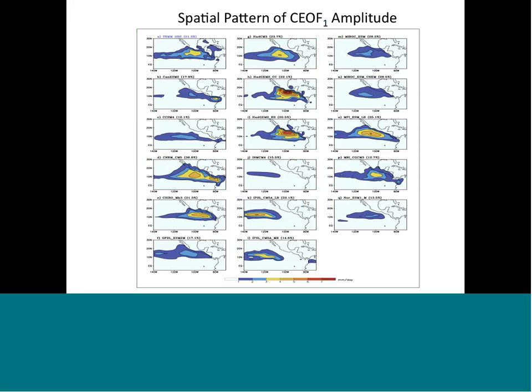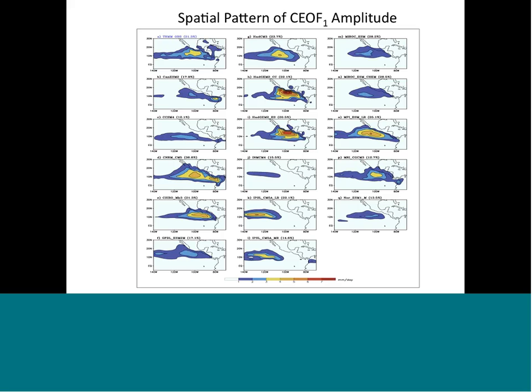So then we apply this complex EOF approach to all the other model simulations. This slide shows the spatial amplitude distribution for the first CEOF mode. So the left upper panel is again the observation, and the others are the model simulations. We can see the spatial amplitude pattern is reasonably well captured by several models.